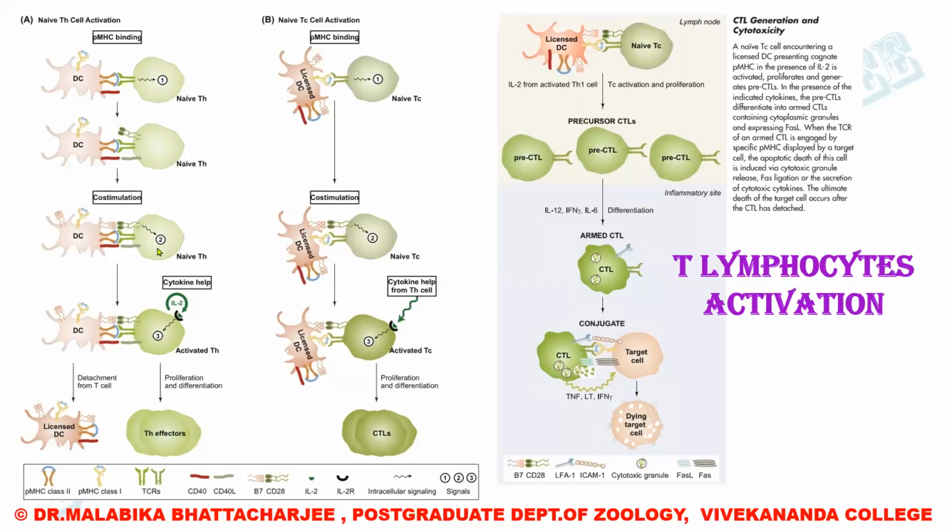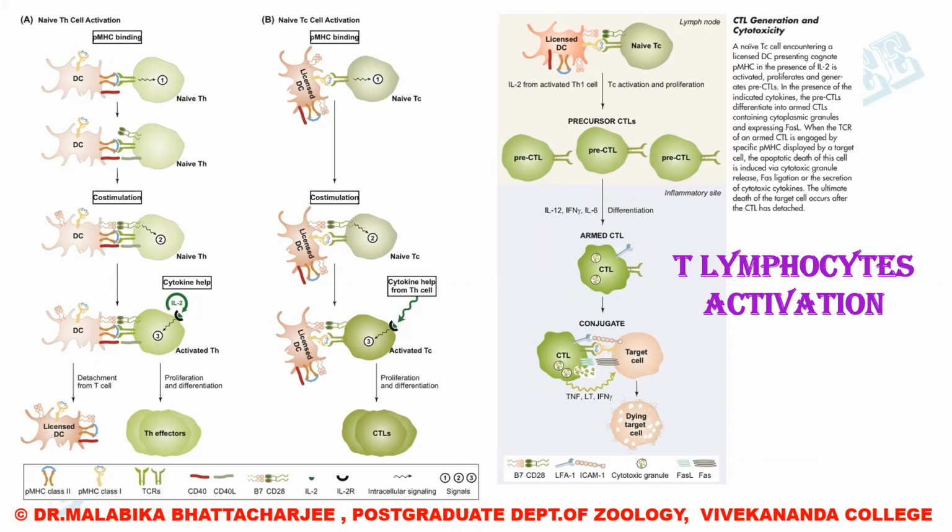Mind it, for a B lymphocyte, CD40-CD40L is signal 2, whereas in case of a T lymphocyte, signal 2 is the B7-CD28 interaction. That's the difference of signal 2 between a T lymphocyte and a B lymphocyte.